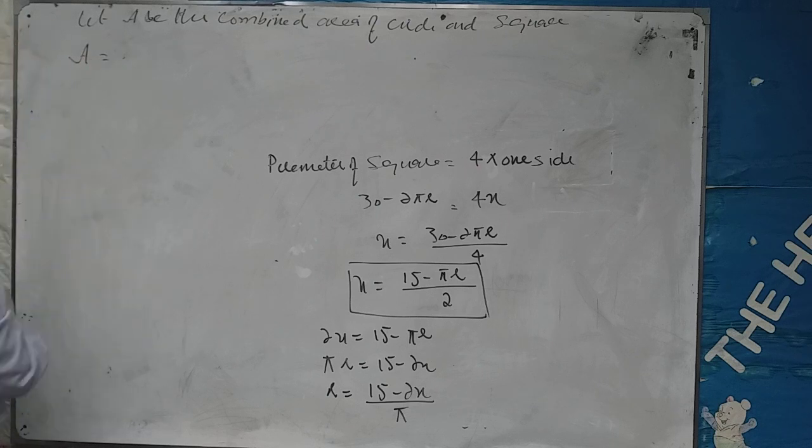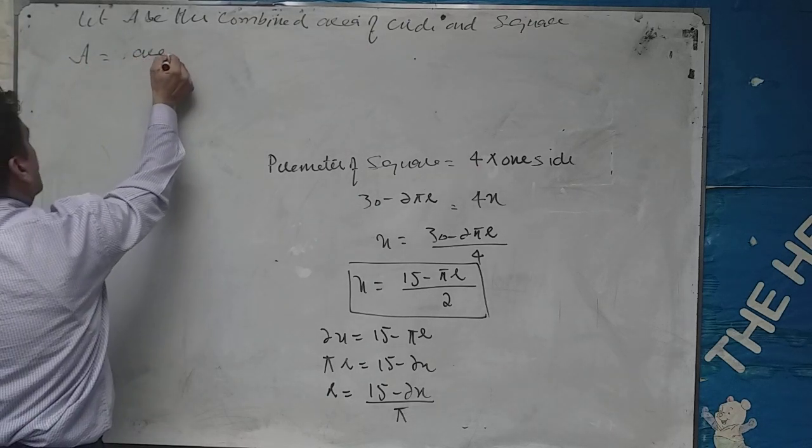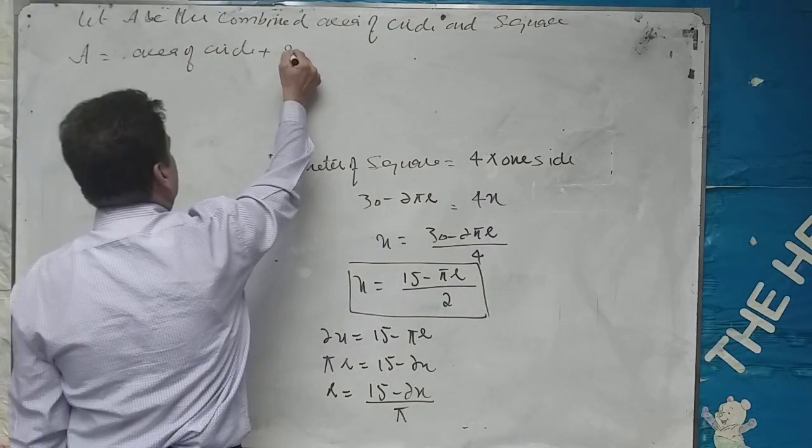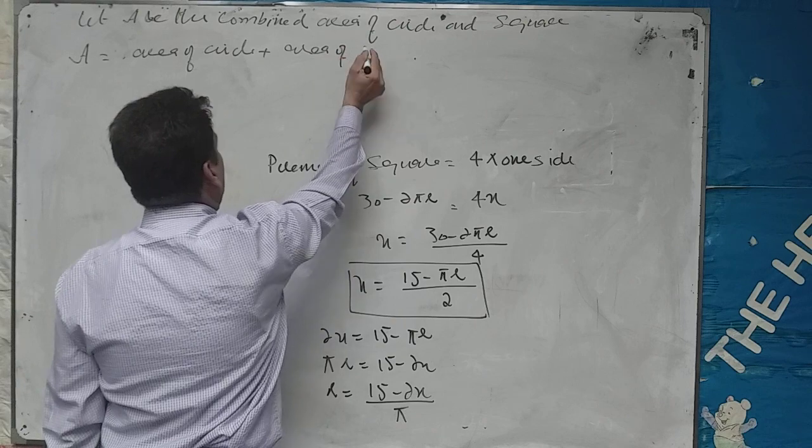Capital A is equal to area of circle plus area of square.